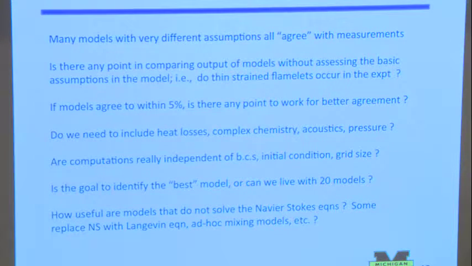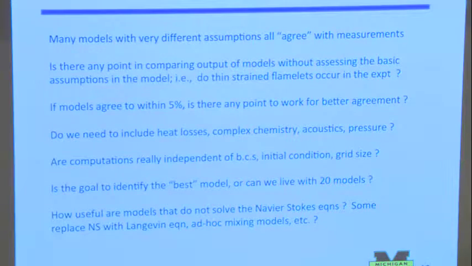We want models to work, but we want models to work quickly if they rely on assumptions, because there's no point in making them too complicated. But there are things we don't have in many models: heat losses, complex chemistry, JP fuels, the variable pressure field.